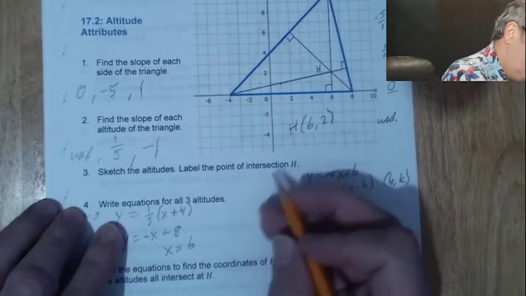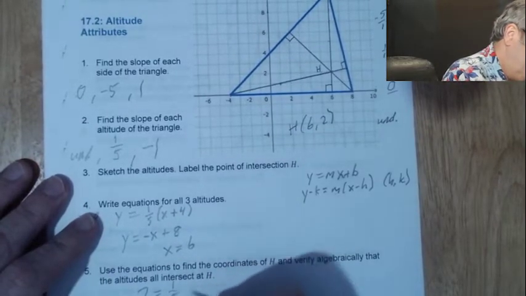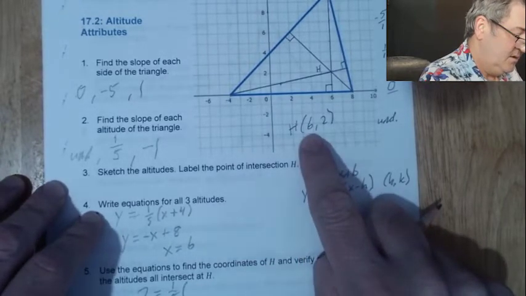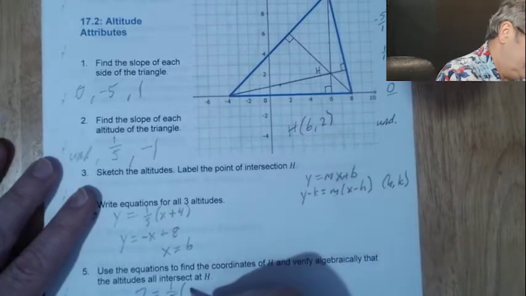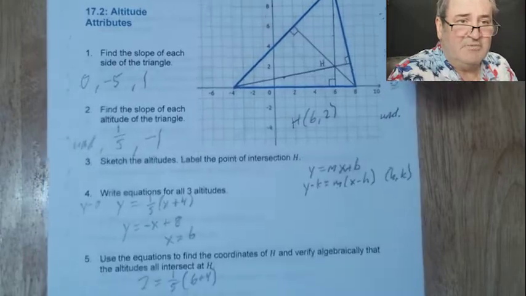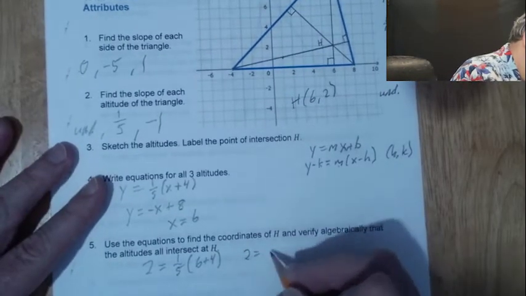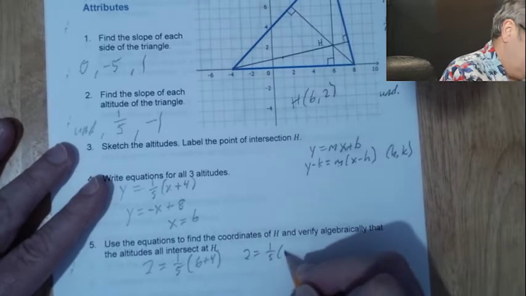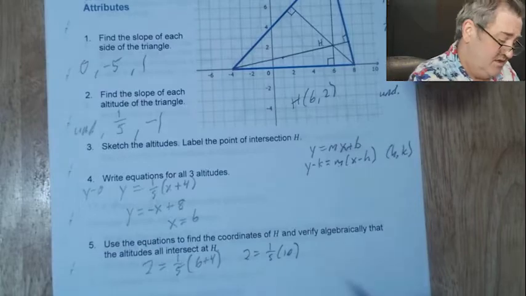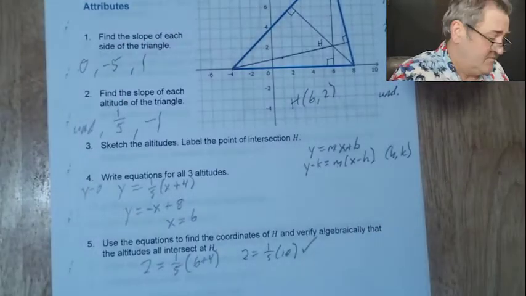So the y is 2 equals 1/5 times the x is 6 plus 4. What is 6 plus 4? 10. So this is the same as 2 equals 1/5 times 10. 1/5 times 10 is 2. Perfect. So this one is on that line. How about let's check the next one?